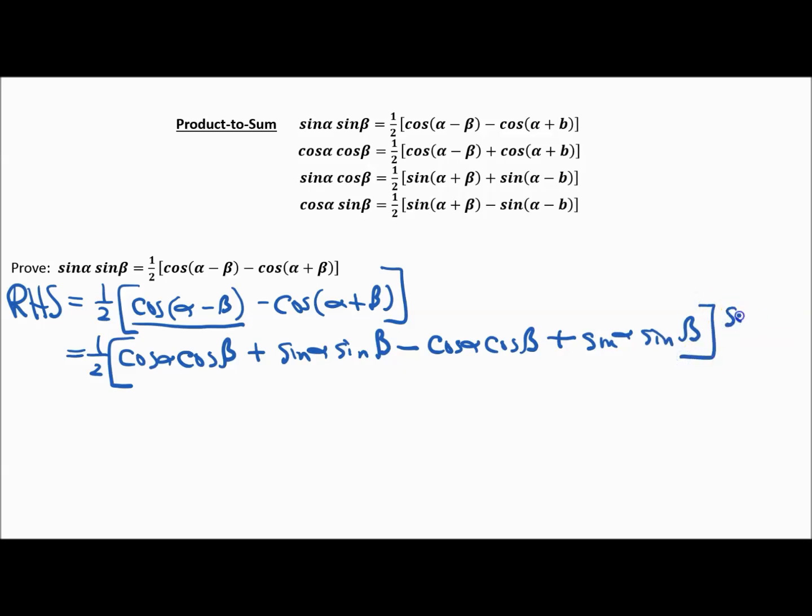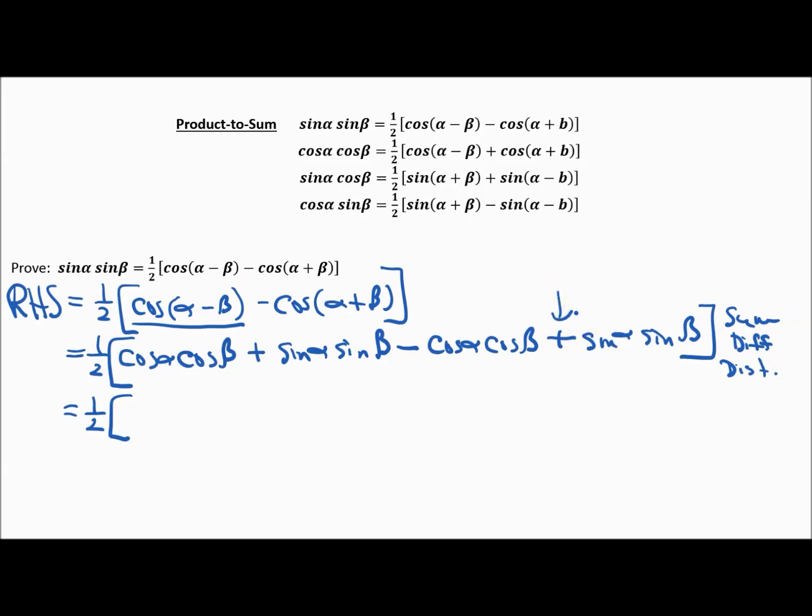Okay, and we use the sum difference formulas that we learned two sections ago. All right, now let's continue the simplification process. We use sum difference and we use the distributive property also, right here.